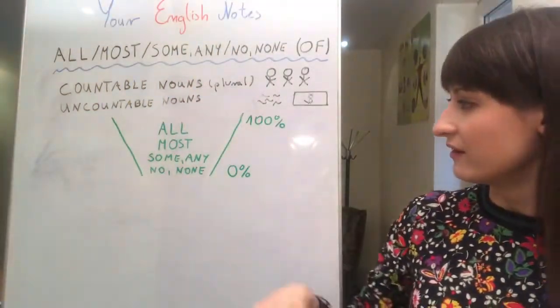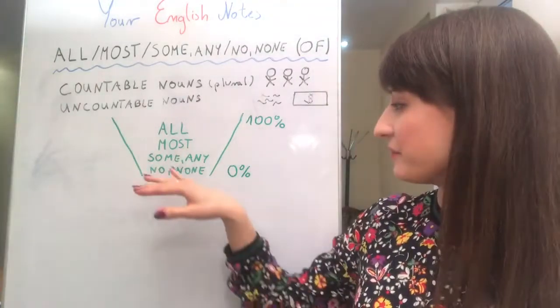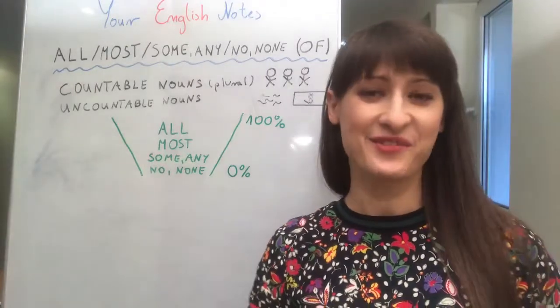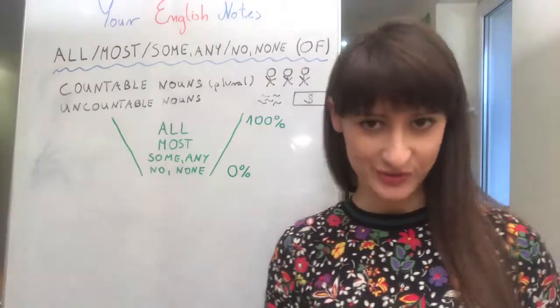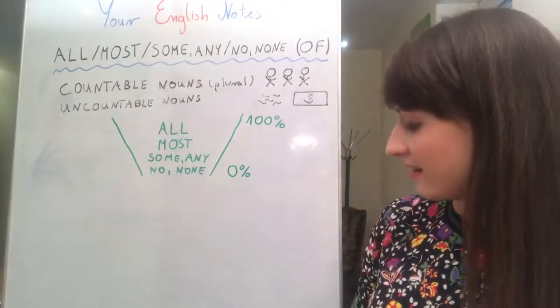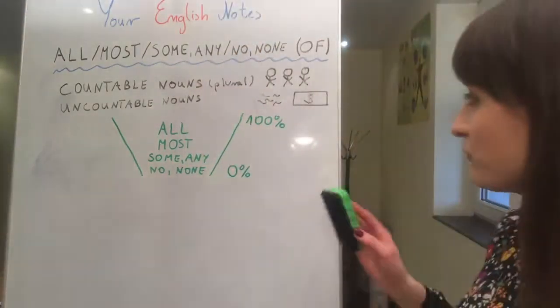So for example, all the students in my class, and no students, or none of the students. I have already used some examples of what I want to explain to you today. Here you have this meaning, and now I will draw a table which will be useful.